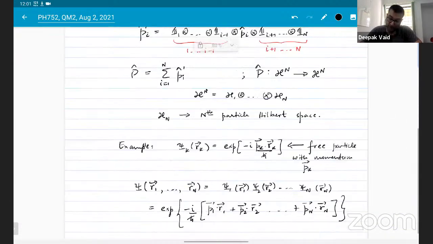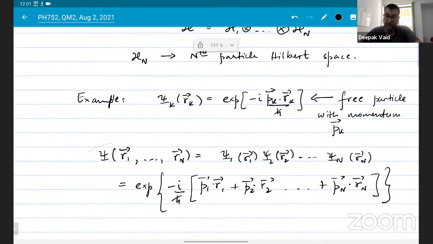One can ask what happens to this state if I exchange R1 and R2, and it turns out there are two possibilities. The state can either be the same or it can pick up a negative sign, right?